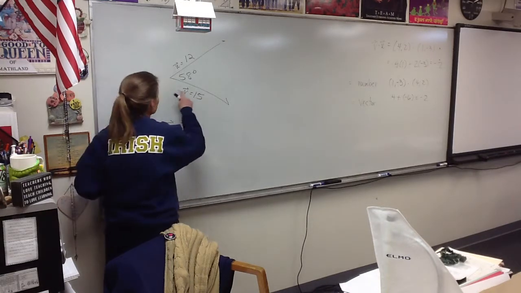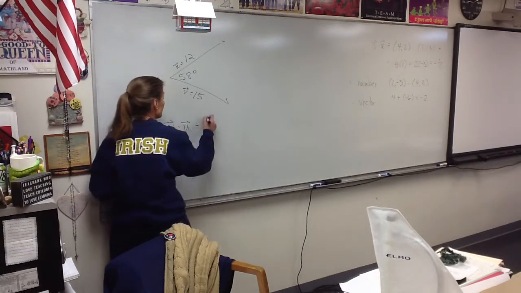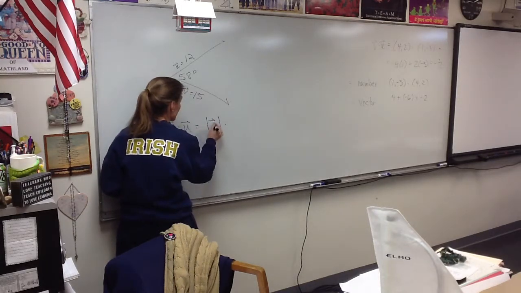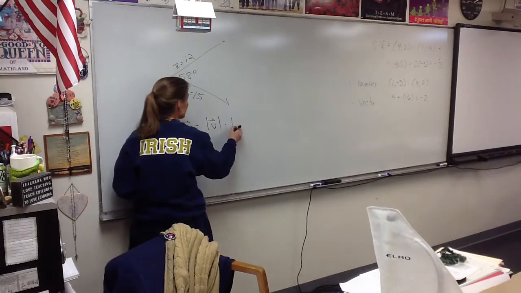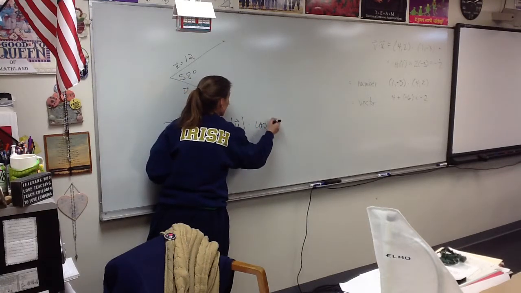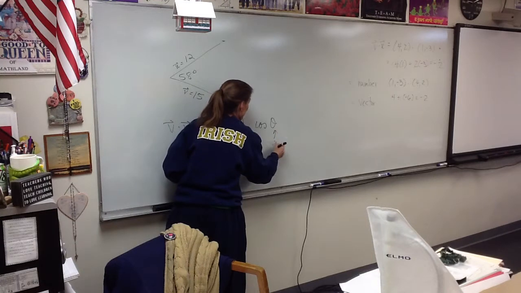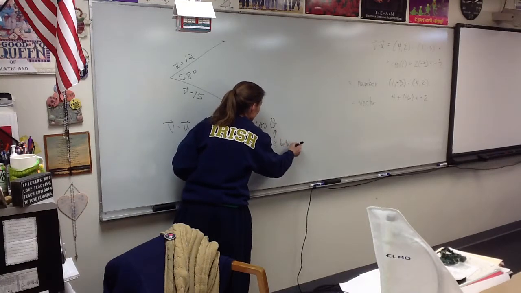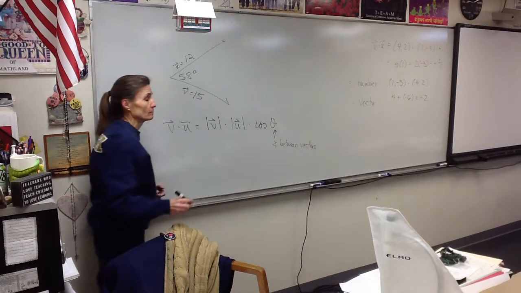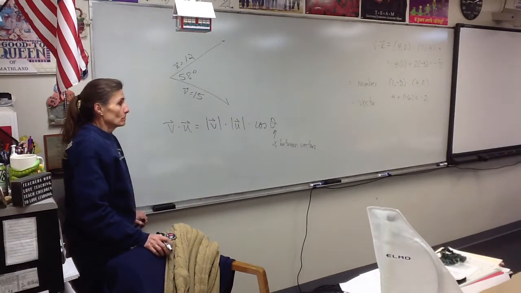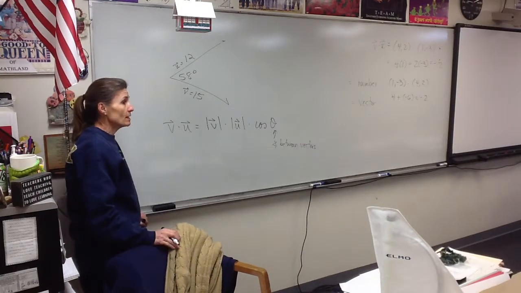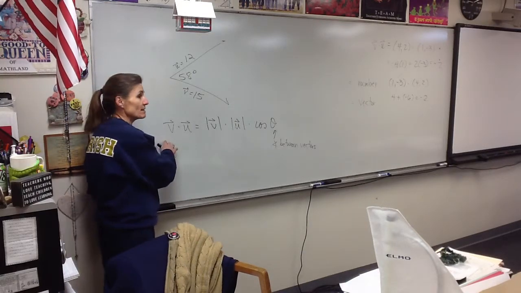So if you want to find the dot product of these 2, you take the magnitude of u, or v, the order doesn't matter, the magnitude of v, the magnitude of u, times the cosine of the angle between them. Now this is going to be really handy in a minute, so get this written down. This is another way to find the dot product.